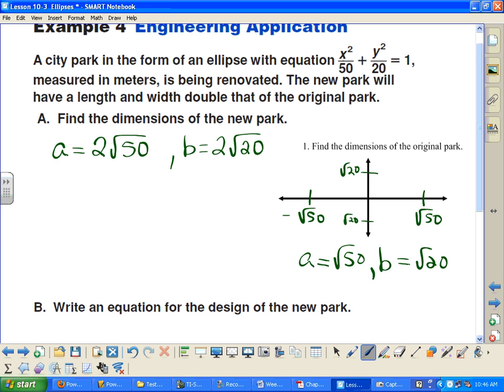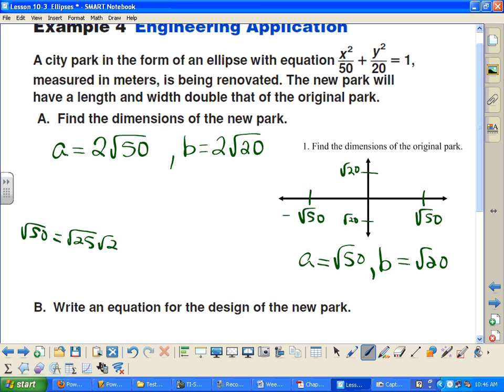Now, one thing is that we can come up with better numbers than those. Because, can we simplify the square root of 50? 25 times 2. Yes. Square root of 50 is square root of 25 times 2.